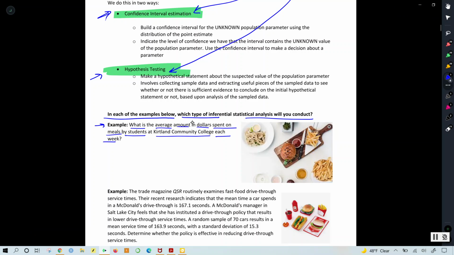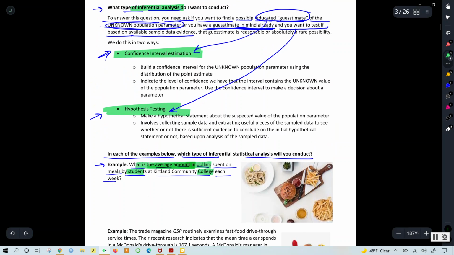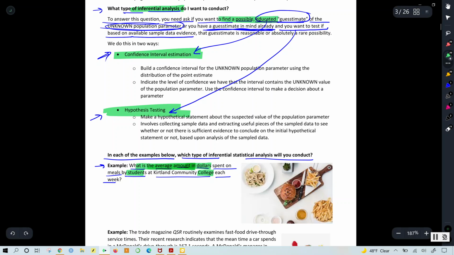In this case, we're trying to find an educated estimate of the average amount in dollars spent by students at this college. So that would be trying to find a possible educated guesstimate of an unknown mean. That takes us to using confidence interval estimation. That would be the appropriate kind of inferential statistics to perform to answer this question.